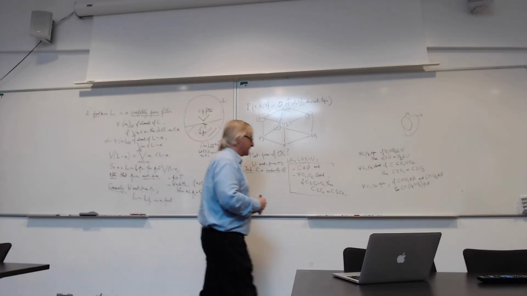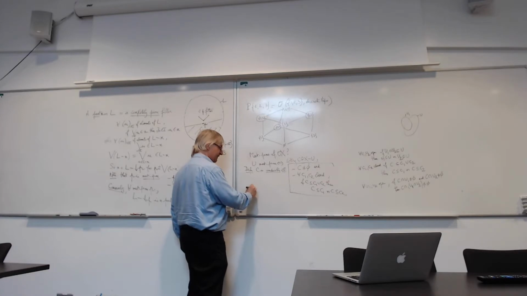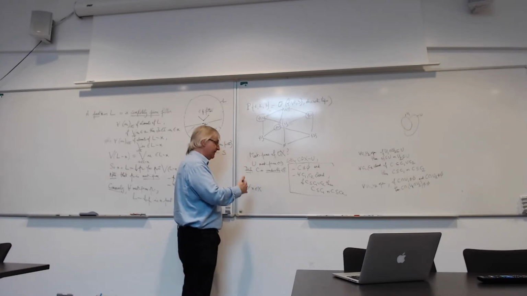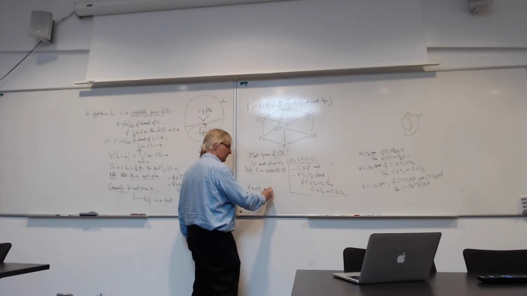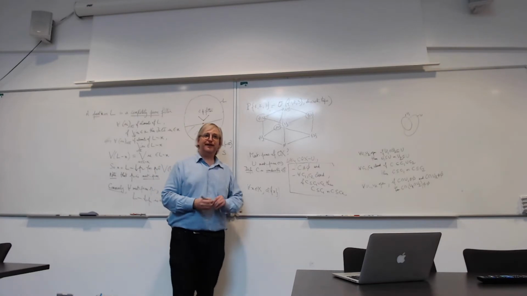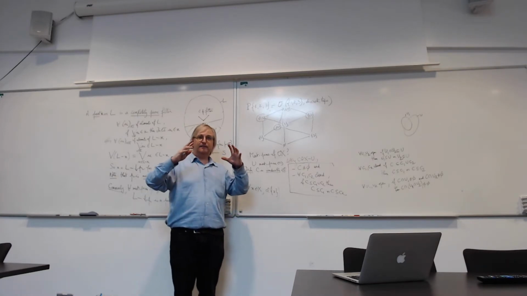Well, I claim that for every x in X, so a point in the usual sense, the closure of x, that is, every set has a closure. That is, every set is contained in a smallest closed set that contains it.